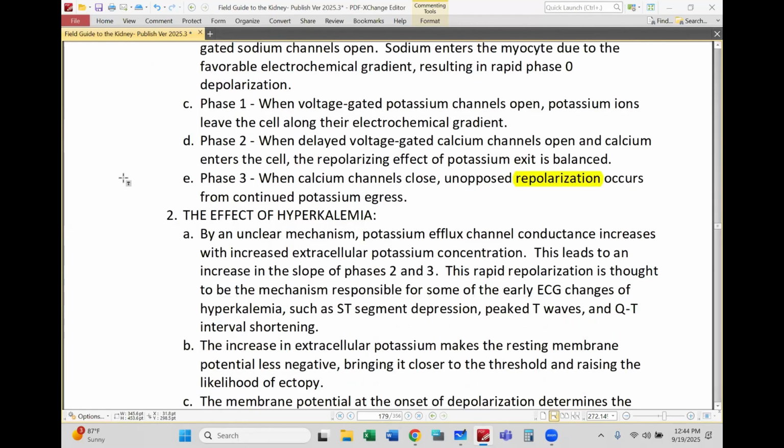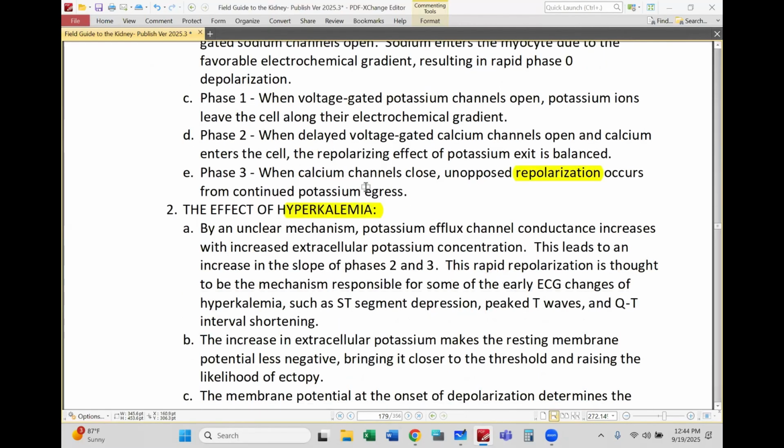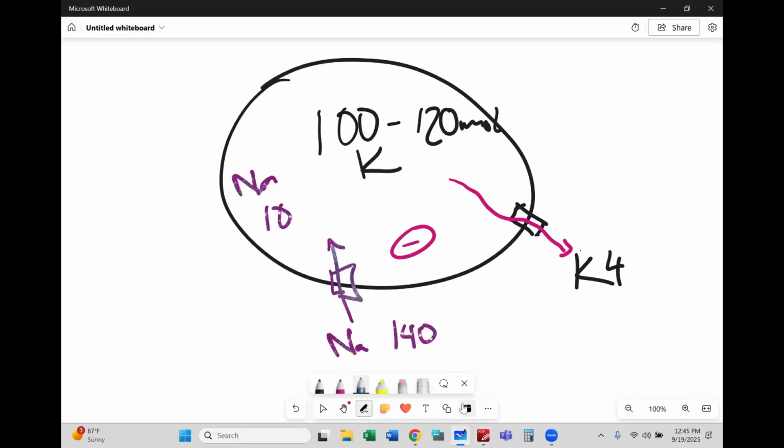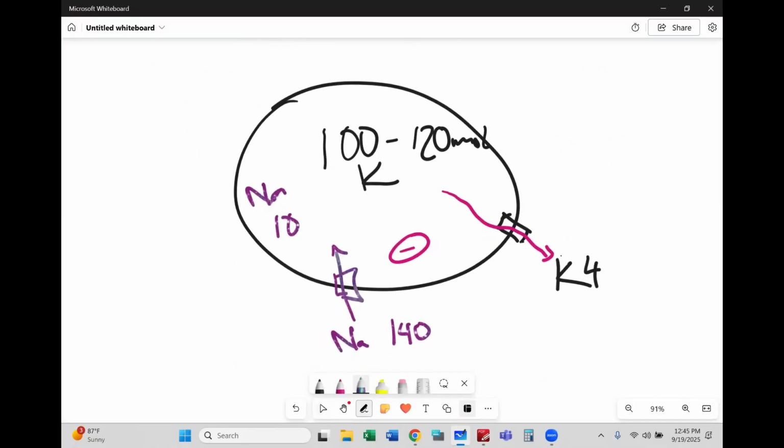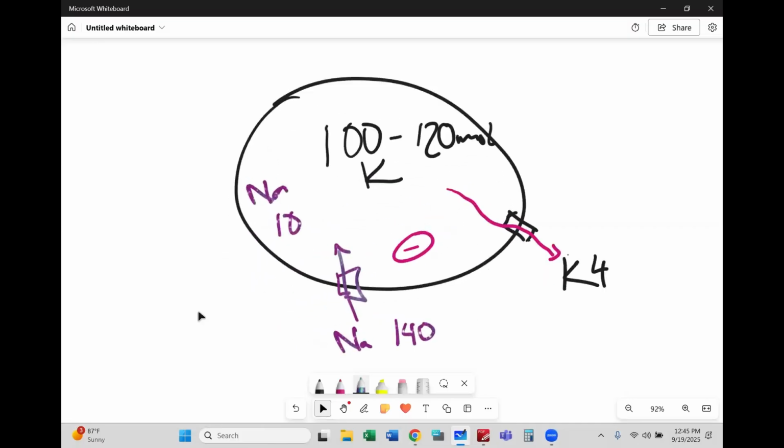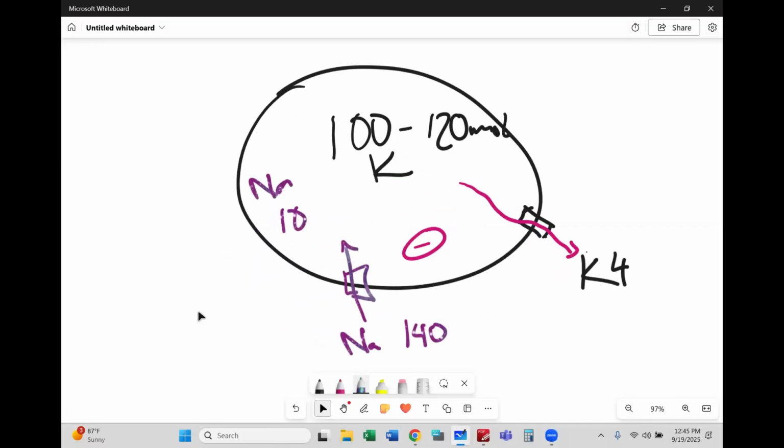Now, let's go over hyperkalemia and hypokalemia. I often start with, maybe unfairly, what do you observe, and then rationalize how you get there, because it's totally unintuitive. The way that hyperkalemia does the things it does is not so intuitive.